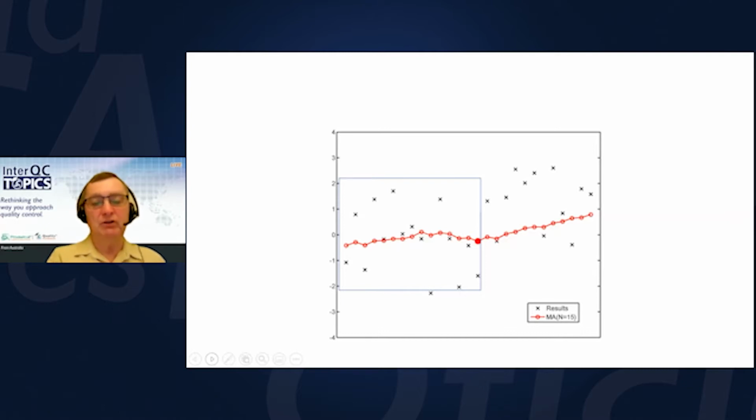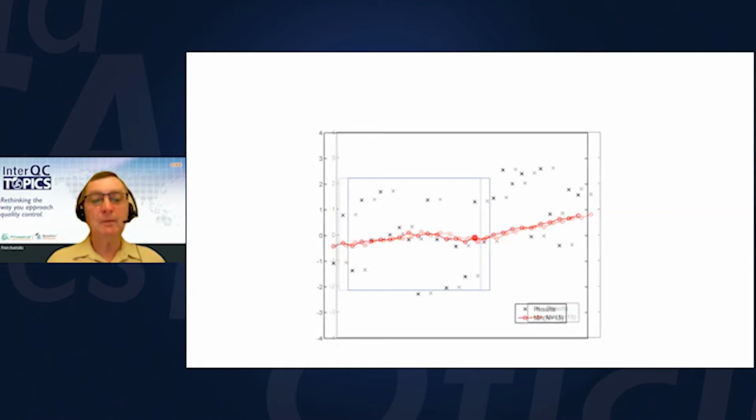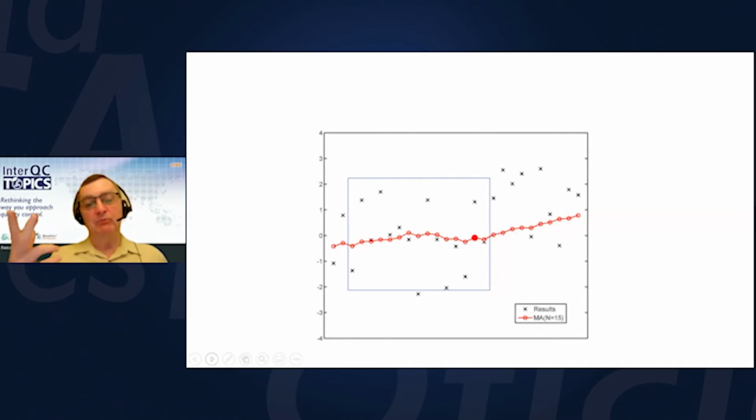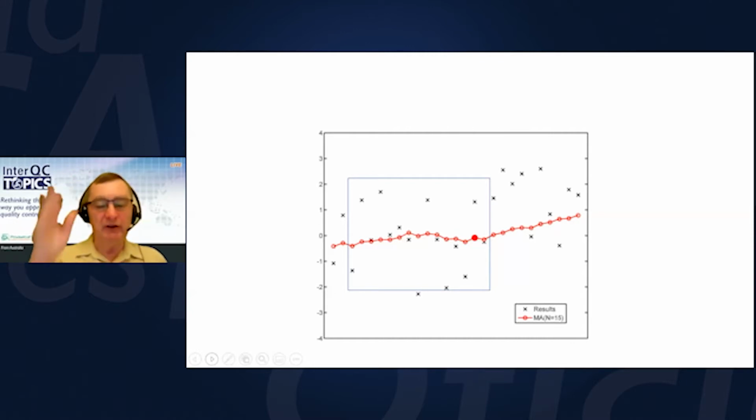The box inside the axes is the last 15 results, and the red dot represents the average of those last 15 dots. When the next patient sample comes through, we add it in and take the last 15 results again, taking a new average. So we've moved our average on, taking into account the newest sample, but therefore we drop off the first sample that we used to obtain the previous 15 results.